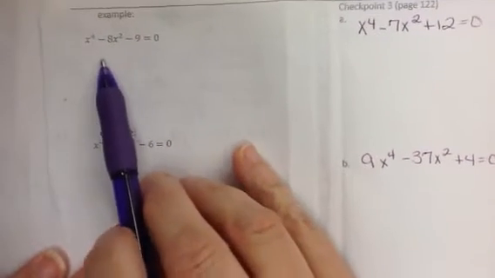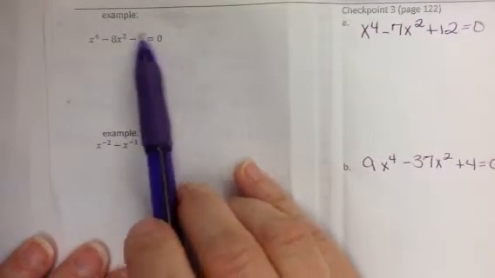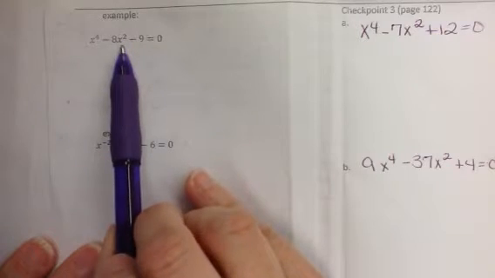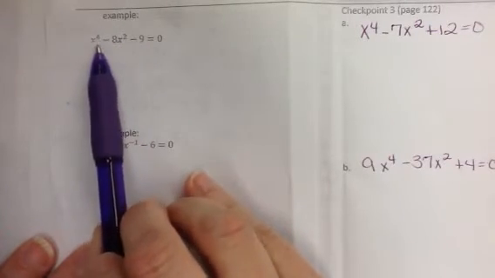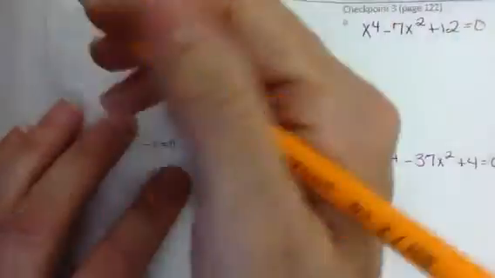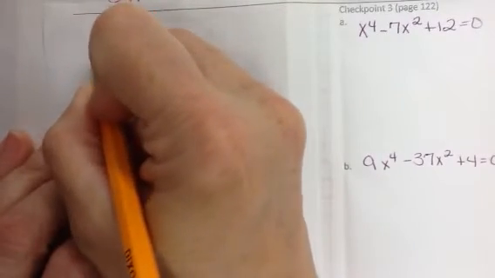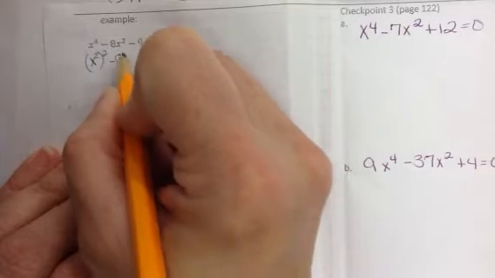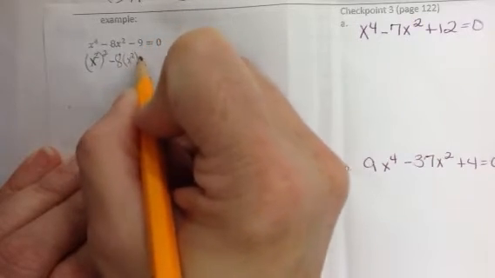So when we look for the quadratic form, this is in the middle, x squared. If we squared it, we would have x to the fourth. So you could think about this as x squared squared minus 8x squared minus 9 equals 0.